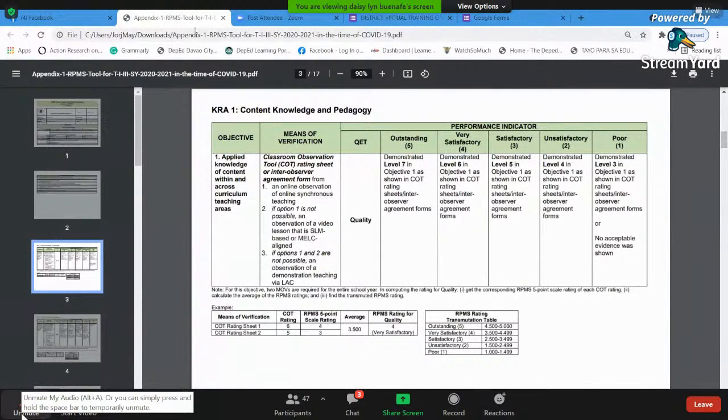Class Observation Tool. So when you are observed by your rater or your school head, you will be rated in this objective. By the way, do all of us know that only three objectives are observed during class observation?